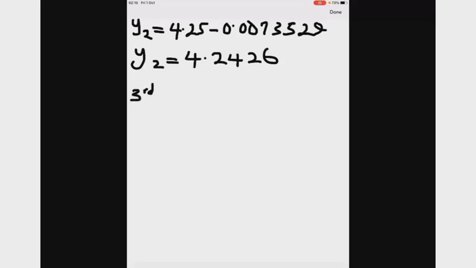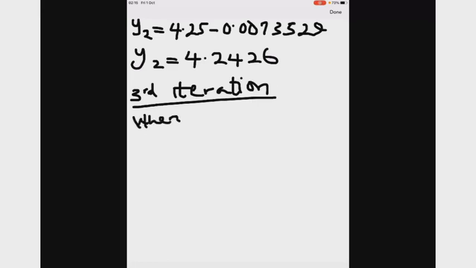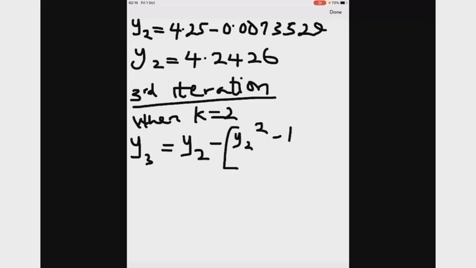Third iteration. When k equals 2, y of k plus 1, k is 2, y3 equals y2 minus y2 squared minus 18 over 2y2.